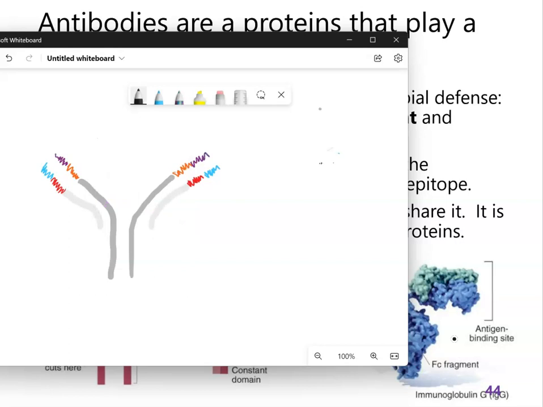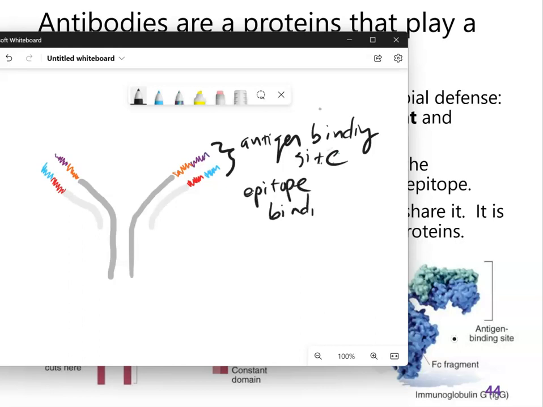And I'm going to label parts. So this colorful part is the antigen binding site, which is more appropriately thought of as an epitope binding site.